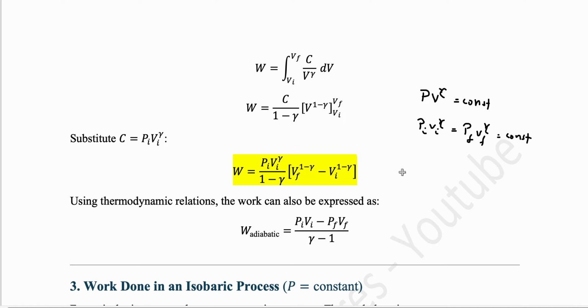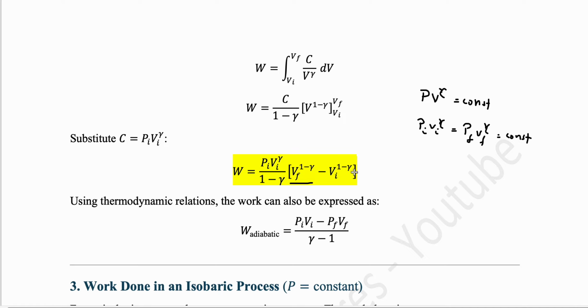So we are playing a trick here to just make it simpler. For Vf to the power 1 minus gamma, we are multiplying it with Pf Vf to the power gamma. There is not going to be any change whether we take Pi Vi to the power gamma or Pf Vf to the power gamma. And for Vi, we are going to take Pi Vi to the power gamma. So if we do that, we can say Pi Vi to the power gamma into minus Vi to the power 1 minus gamma.